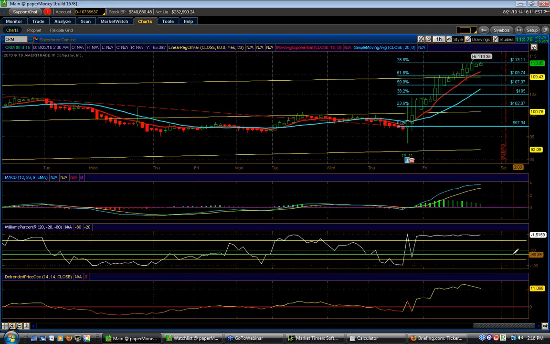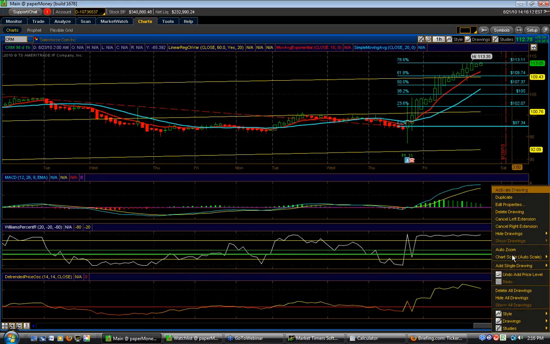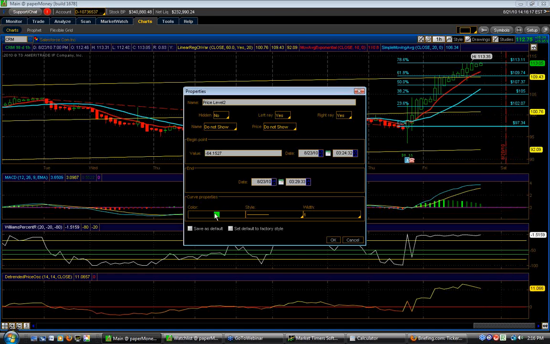And put your cursor right on the line, right-click, edit properties, and change the color to green. That's all you got to do. And I like to extend the left ray, which means it goes all the way out to the left, so it's showing that way. And extend right ray is default.